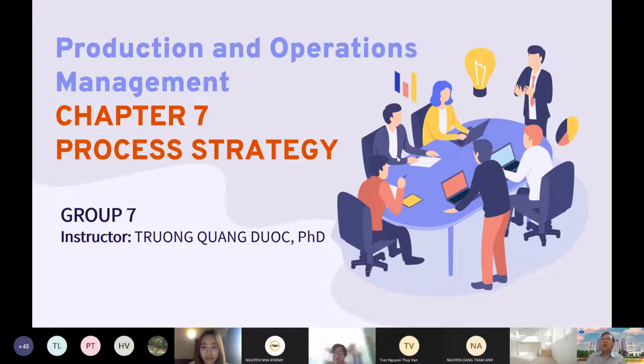Now, in this chapter, groups 7 and 8 will present some basic process strategies, designs, or decisions, and which tools are needed to design the process.